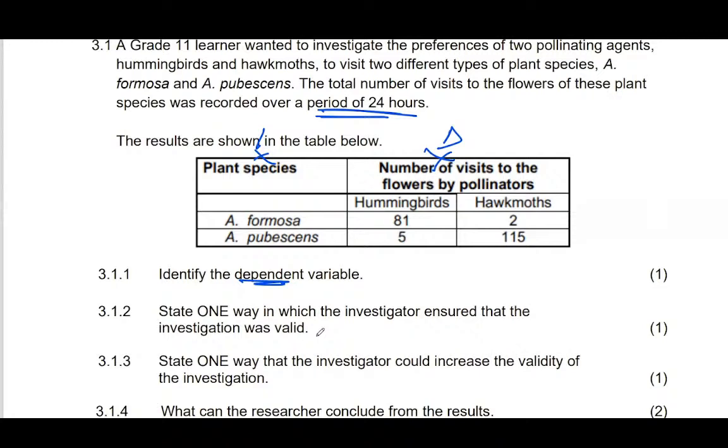The duration of the investigation was the same. It must have the word the same, meaning what was used here is the same as what was used here. So the investigator used the same number of hours. In other words, it was 24 hours in both plants.